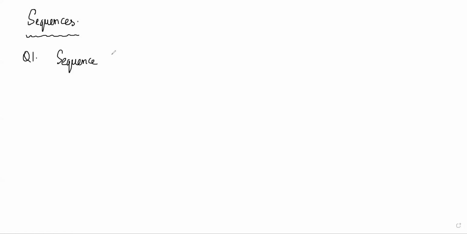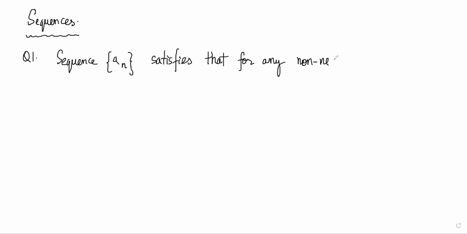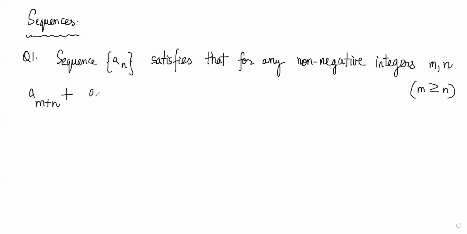Sequence a_n satisfies that for any non-negative integers m and n, where m is greater than or equal to n, the condition a of m plus n plus a of m minus n is equal to half of a of 2m plus a of 2n.